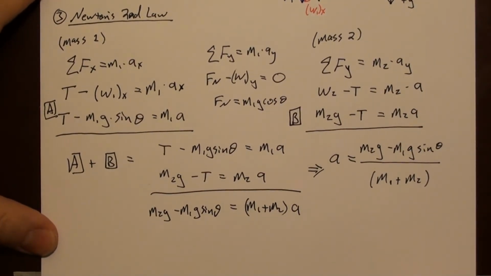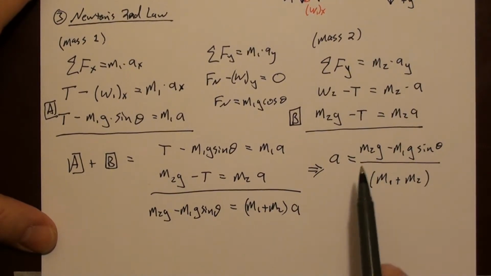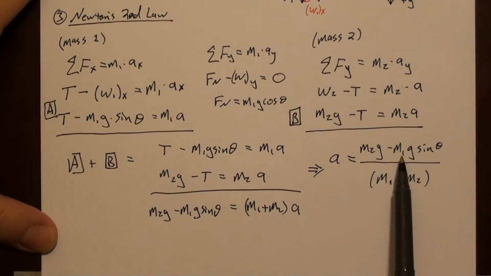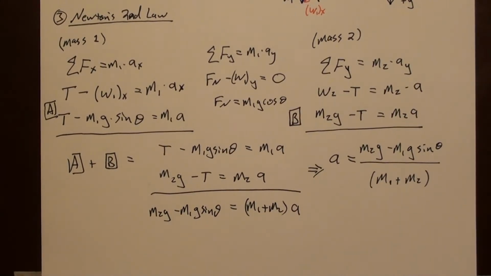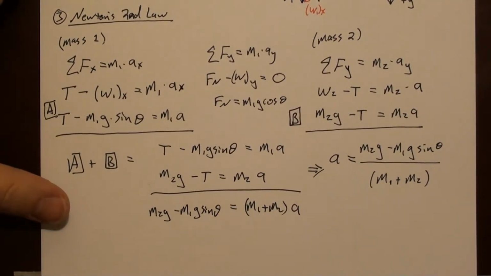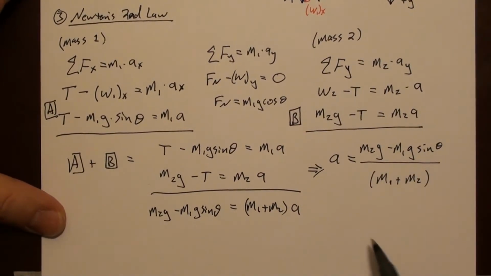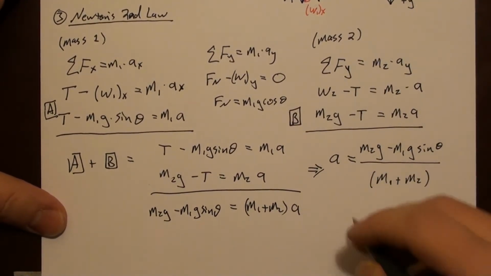I could have plugged in numbers before, but this lets me see that there's actually a possibility that the acceleration will be negative, right? Depends on the relative sizes of the weight of mass 2 and the weight of mass 1 that's pointed along the incline, right? And you could see that maybe from the diagram initially, but this shows you mathematically how a negative is possible.